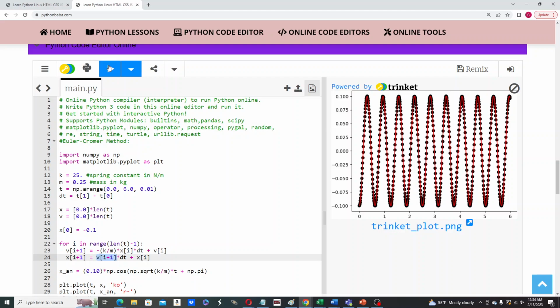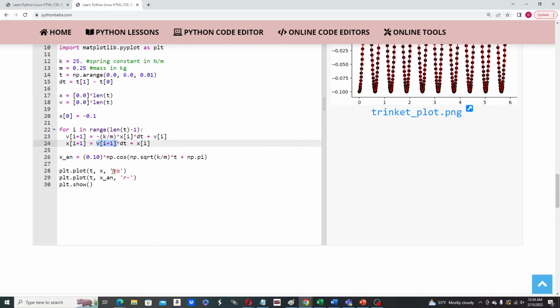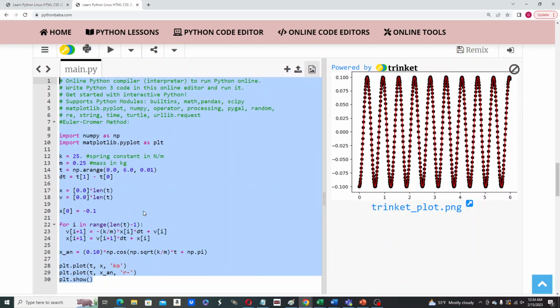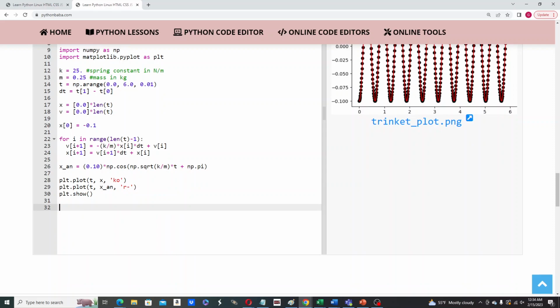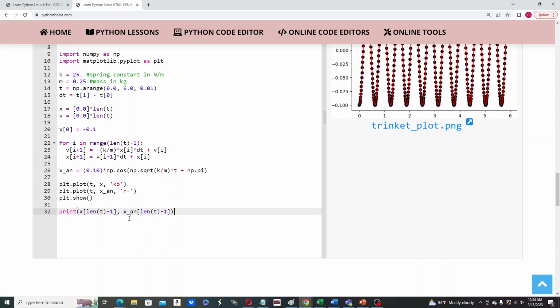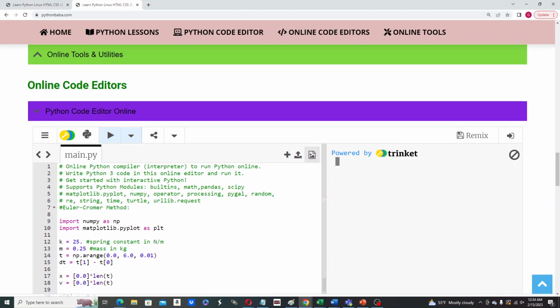If you absolutely wanted to, you could put in a similar line of code that we had in the other program. So let's see what this does.